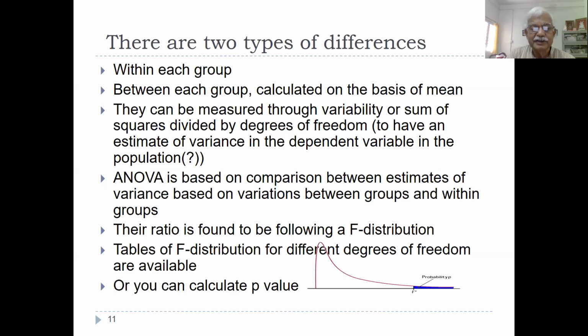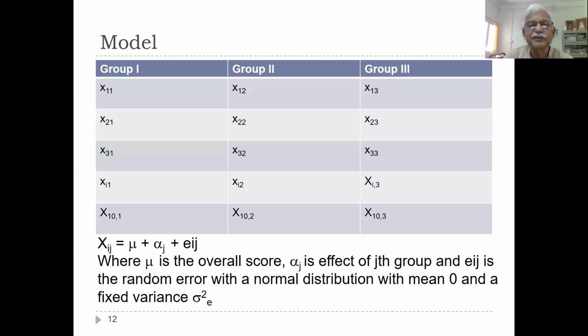Now, the ratio of variances follows an F distribution. So by using the F distribution, you can compare the estimate of variance based on between groups with that within groups. And if the differences are pronounced, you can say that there are significant differences between groups.